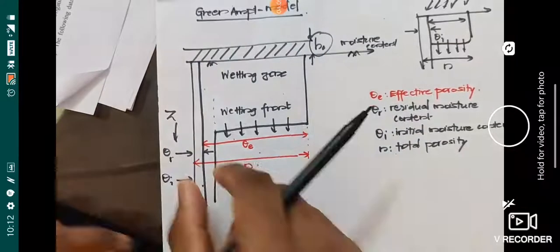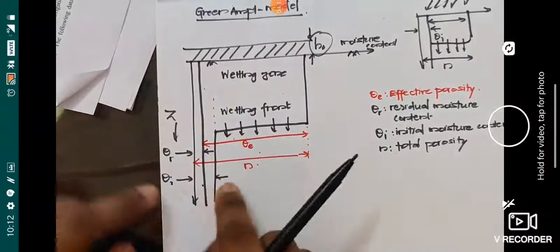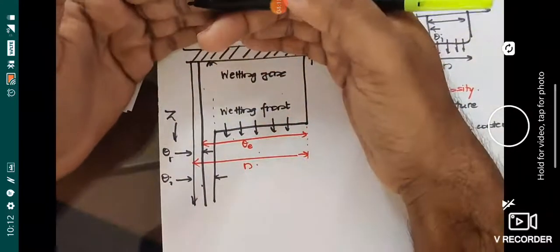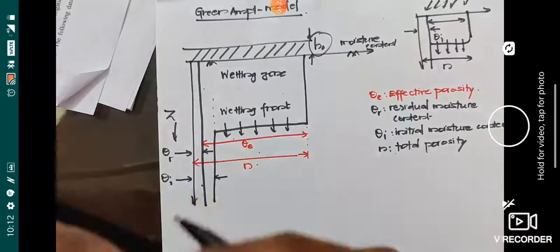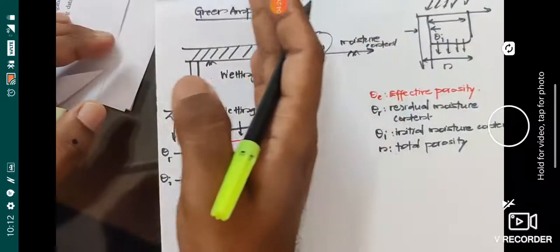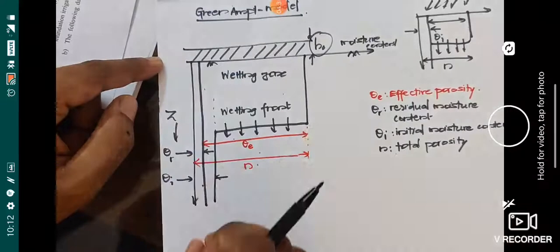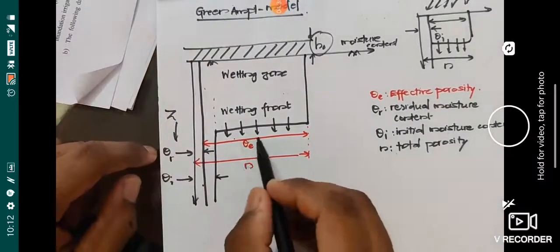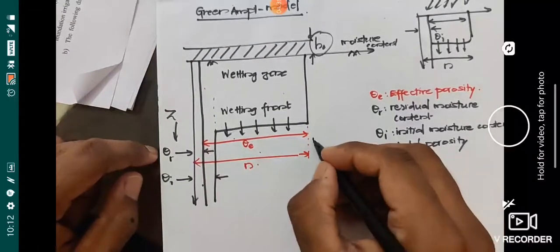As it moves down, some portion is still left unsaturated, with the initial moisture theta I. But after the rain, gradually, because of gravity, the water goes down. Because of transpiration and evaporation losses, some amount of water will be lost. Even if it loses water, it can come down only to the residual moisture content, which is shown here.